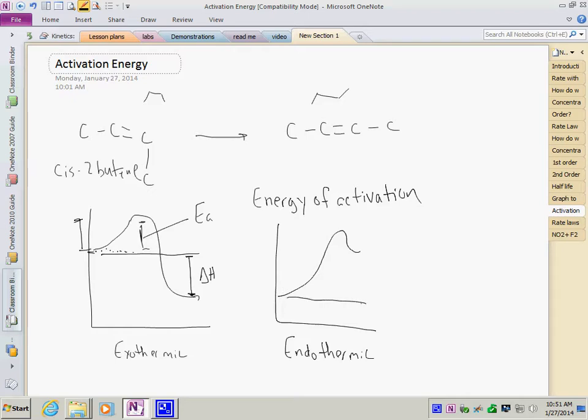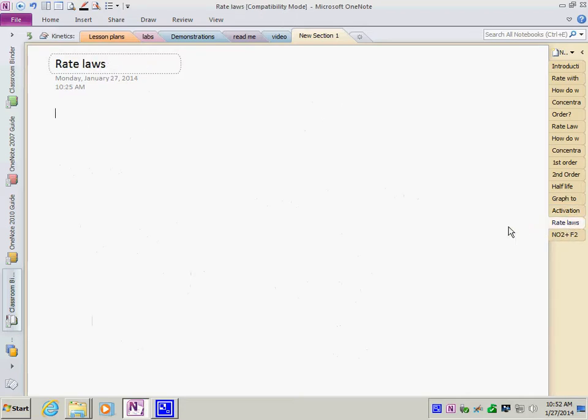At this point, we'd have our energy of activation right here, and then from here to here would be your delta H. For this guy, delta H would be negative, meaning energy is being released to its surroundings. Here, it'd be positive, energy needs to come into the chemical reaction. And away you go. So, next up here, rate laws.